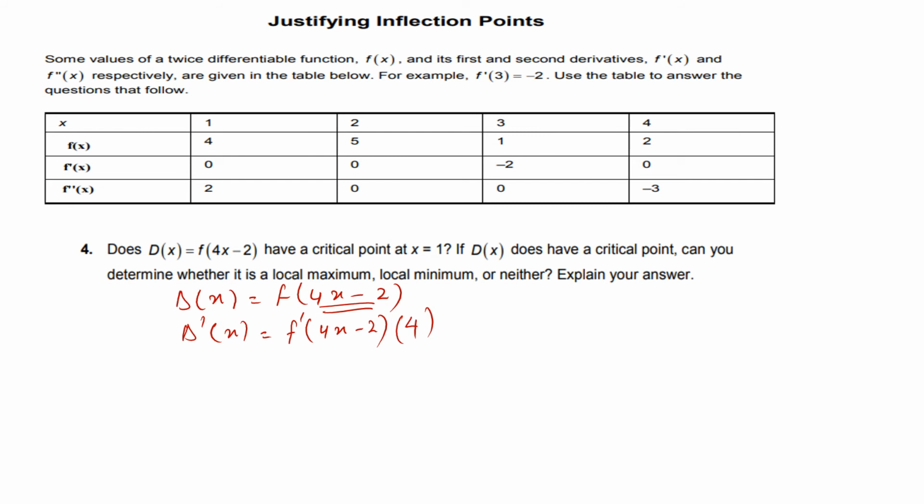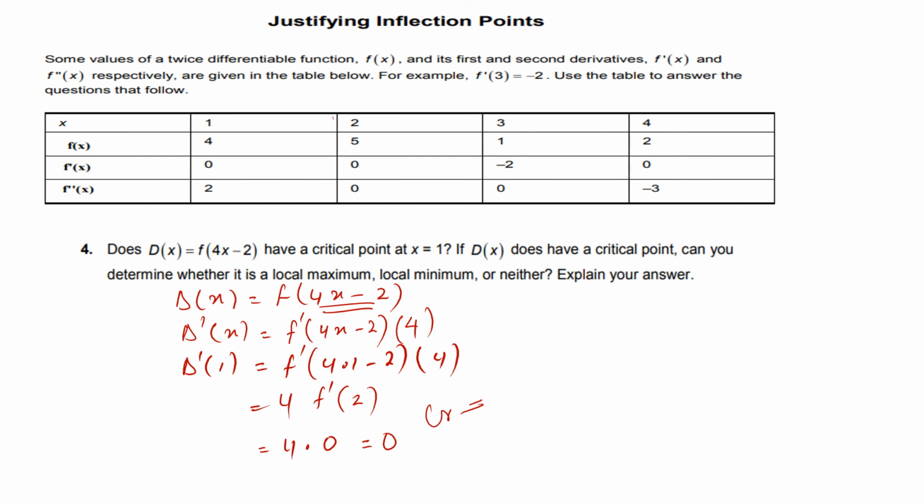Now substitute x equals 1, so d prime of 1 equals f prime of 4 times 1 minus 2, times 4. So you can write the 4 in the beginning, and f prime of 2. So 4 f prime of 2, now check, that is equal to 0. So yes, you have a critical number at x equals 1.